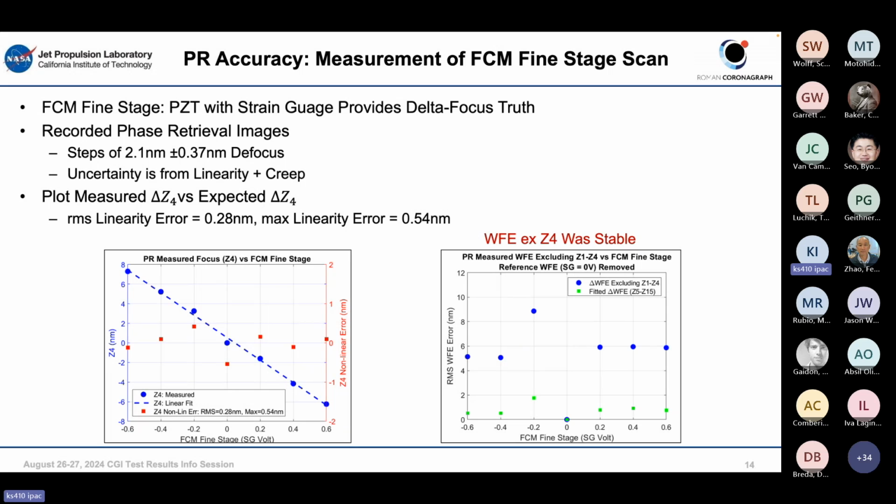And then the right graph is the stability. These are another set of phase retrievals under identical conditions, except for the fine focus control mirror movement, and the low order measures, aside from Z4, were stable.